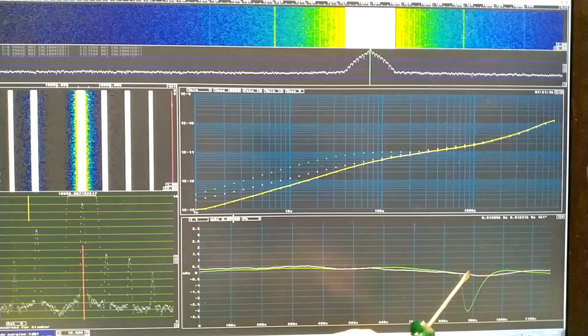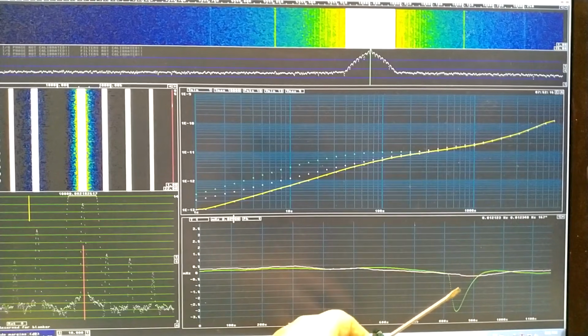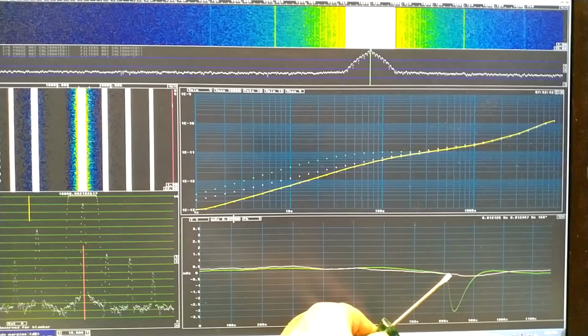I'm pretty sure this is caused by the thermostat oven. I think the thermostat is a thermistor that is compared to a reference voltage. And when there is a difference, it will adjust the current through a heating resistor.